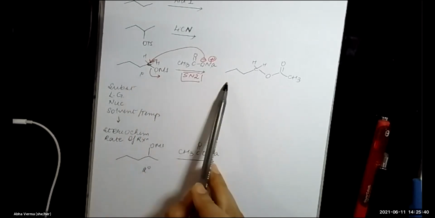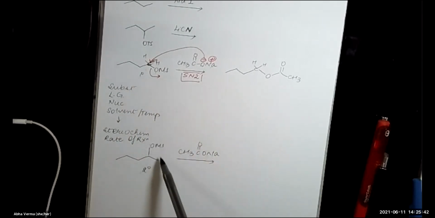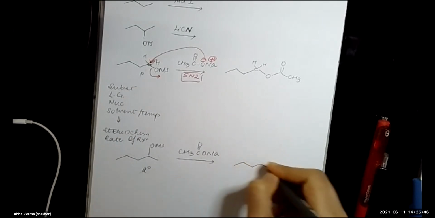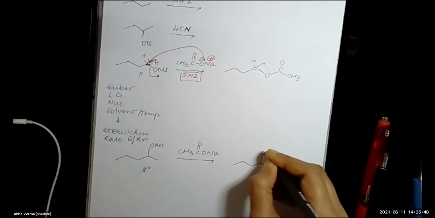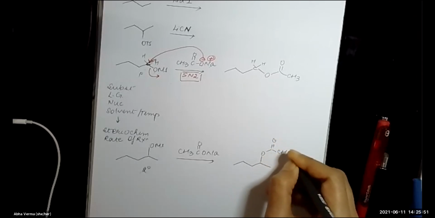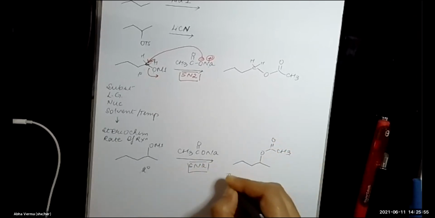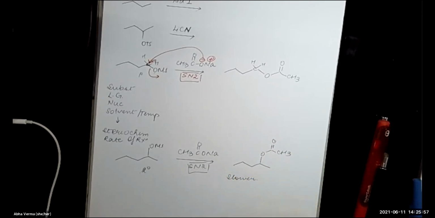So compared to a primary substrate, a secondary substrate has more bulk on it. It will give me the product, there is no doubt about that, but this will be a little slower. Any questions between this?